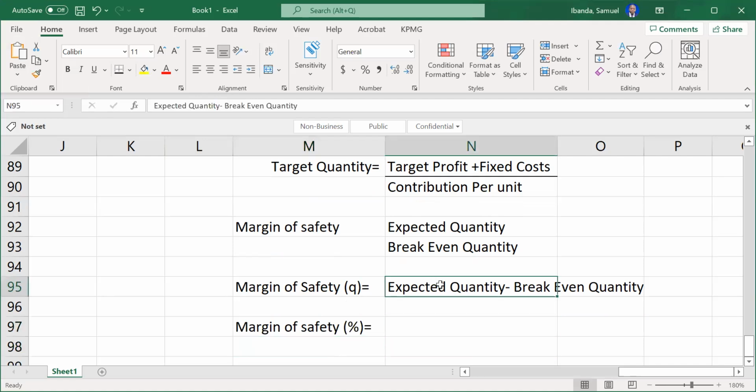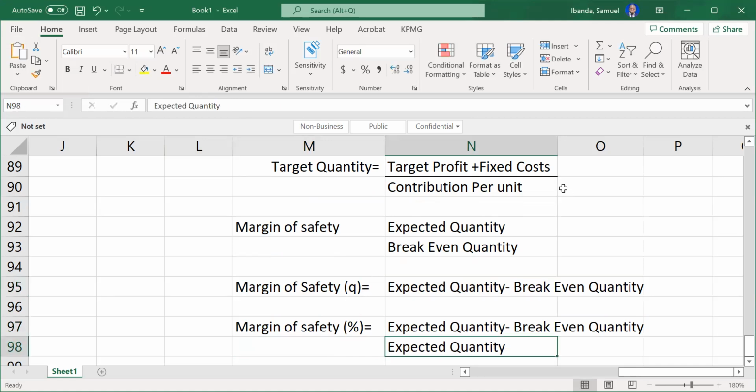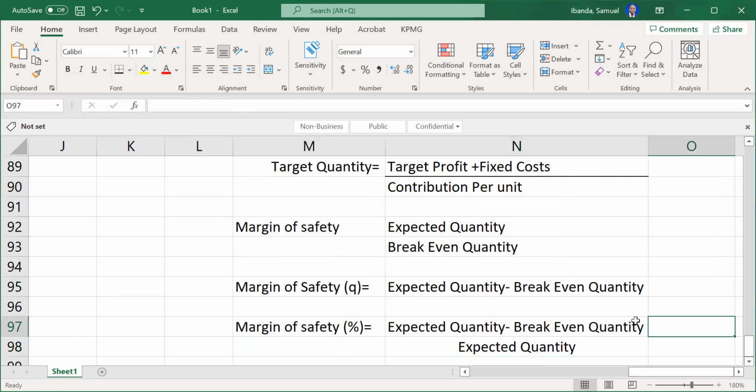We'll have expected quantity minus break-even, divided by our so-called expected quantity, and we shall multiply everything by 100%.